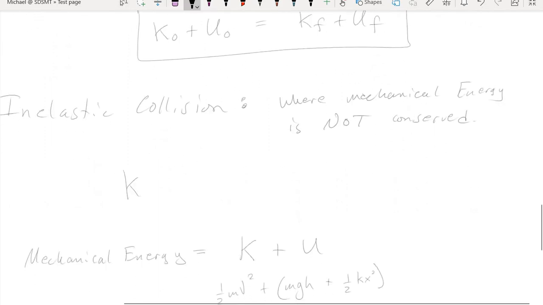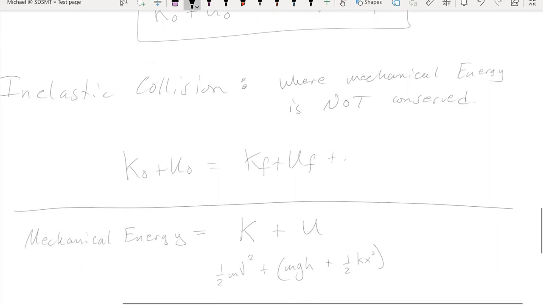It means that what mechanical energy we start with is not conserved. We may still have some mechanical energy left over after the collision, but there's a very good chance that some mechanical energy has been converted into heat.